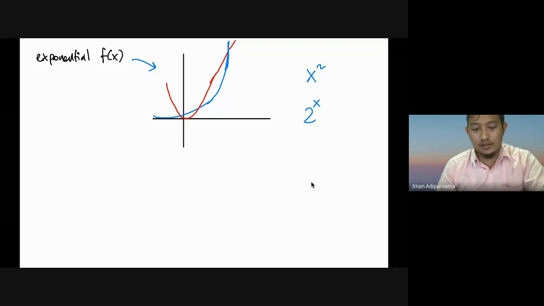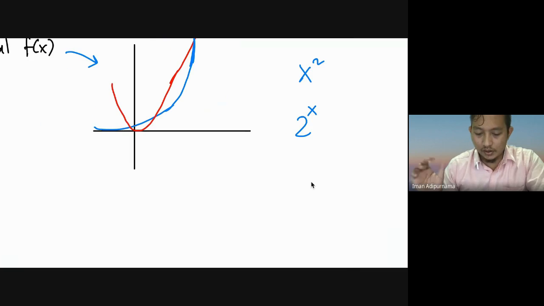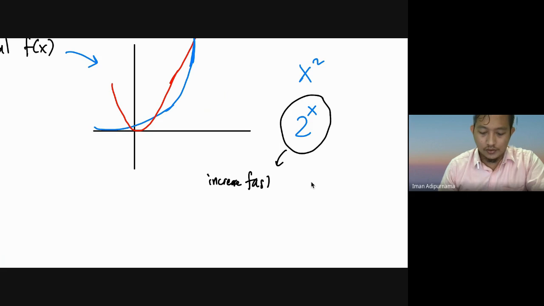It's not really a good drawing, but I hope you get the idea. So in conclusion, this 2 to the power of x, the exponential, increases faster than x squared.